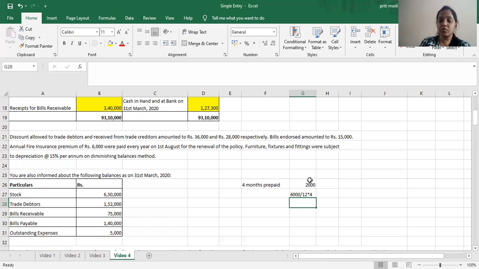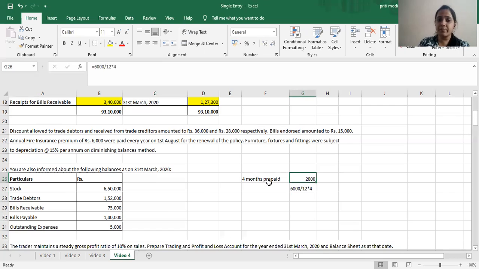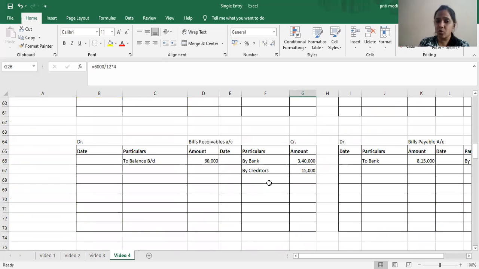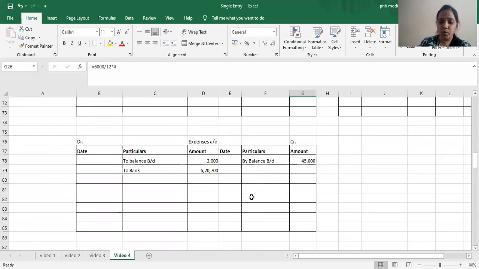So this 2,000 prepaid will go at two places. Because it is the prepaid amount, let's go to the expense account and write over here by balance c/d. Asset is what? Closing balance will come as by balance c/d, 2,000 rupees, closing balance asset, because we have prepaid it. Opening prepaid came as to balance b/d, so closing prepaid will come as by balance c/d.